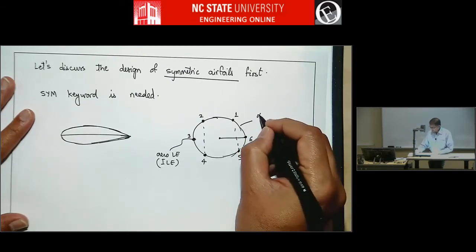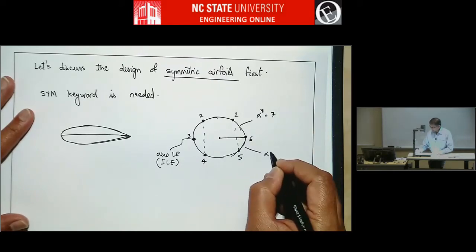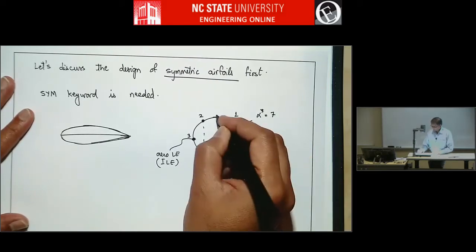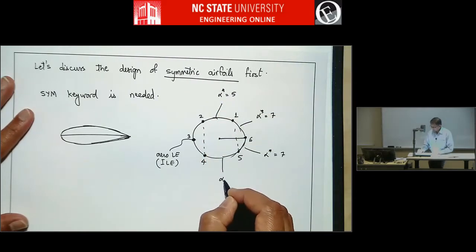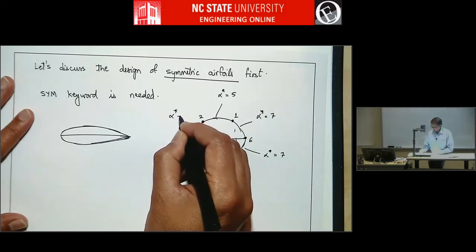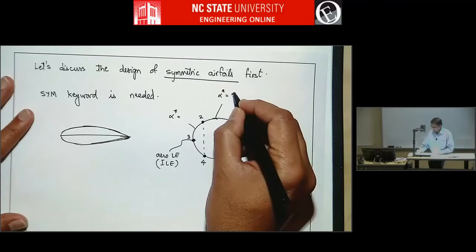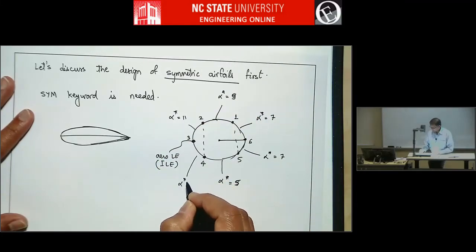So if this is alpha star of 7, this segment has to be alpha star of 7. If this is alpha star of 5, this has to be alpha star of 5. And if this is, usually it will go up, so let's call this 9 and 11, then this will be alpha star of 11.